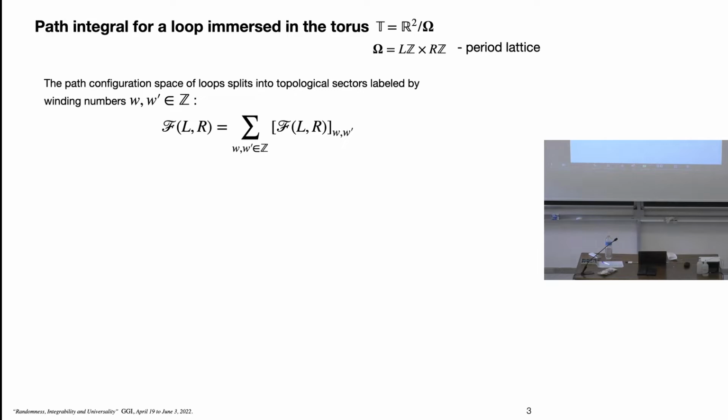So the first thing to do is to compute the sum over the loops on the torus, first without any interaction.